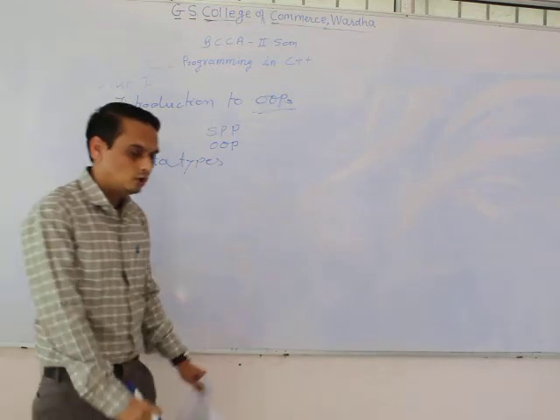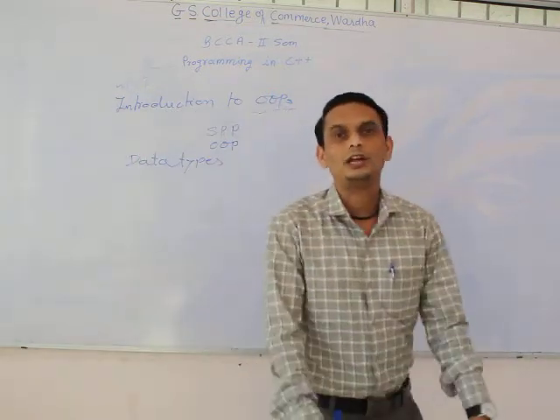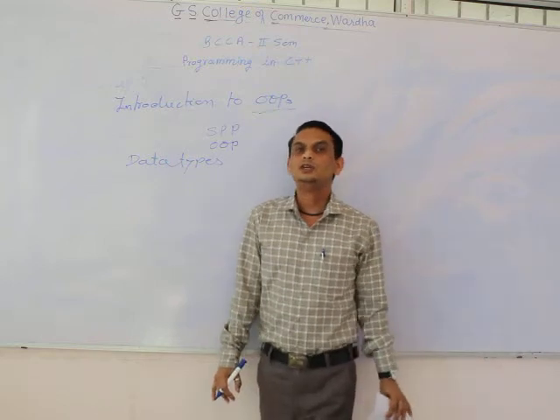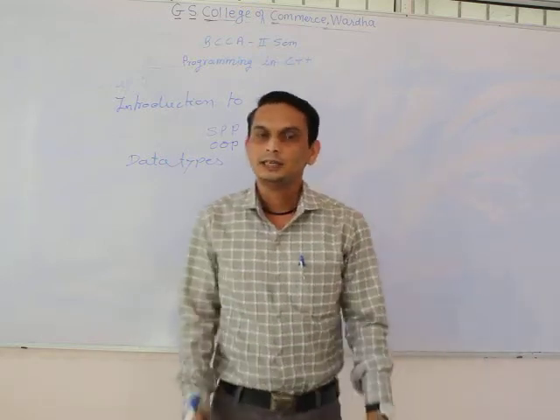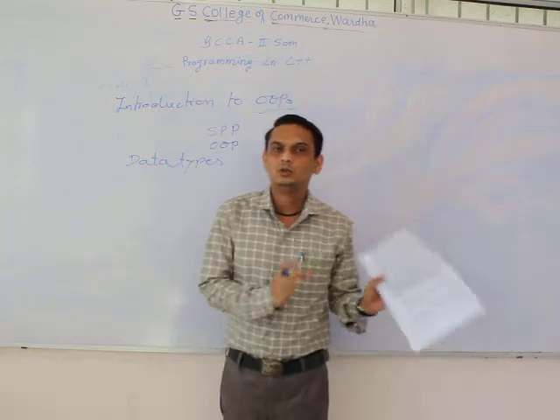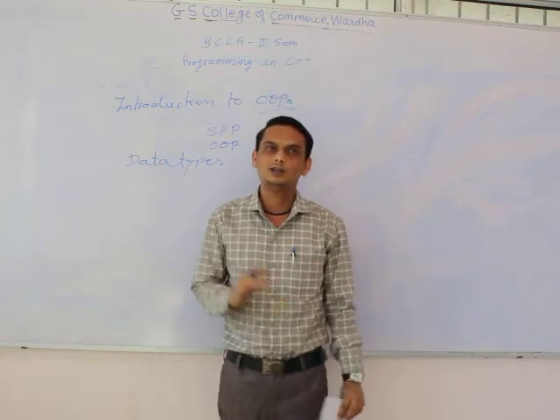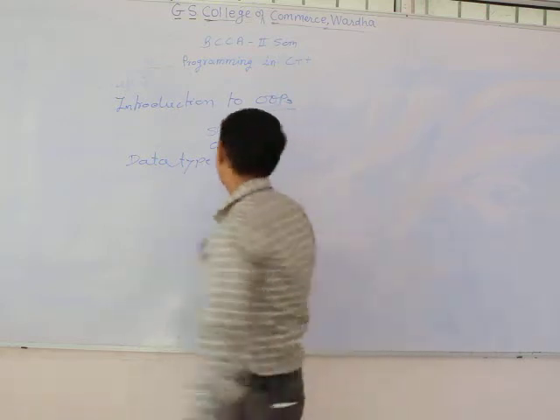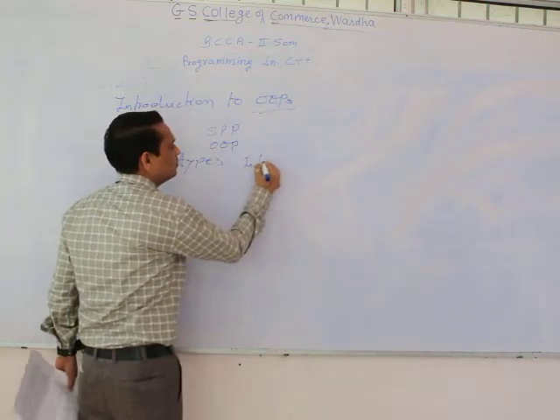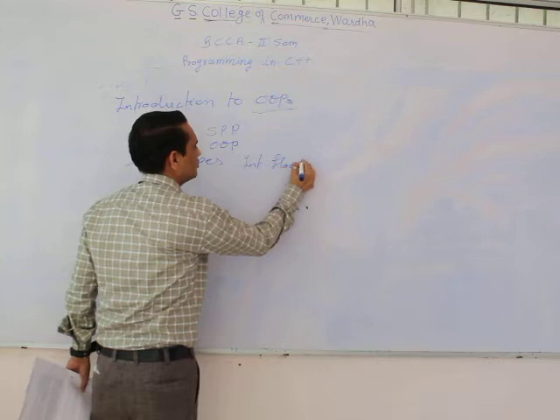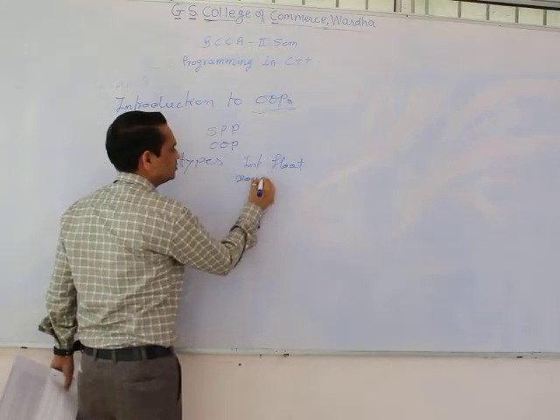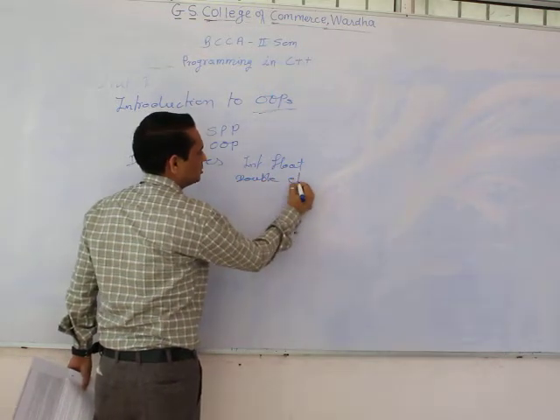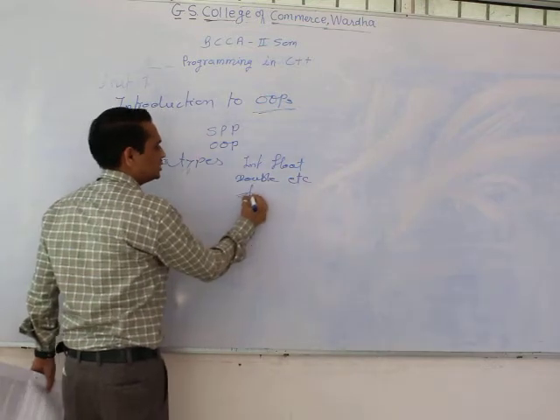Data types. You already know some fundamental data types and some user-defined data types. The same data types that you learned in C language are used in C++, just like integer, float, double, etc. Character.